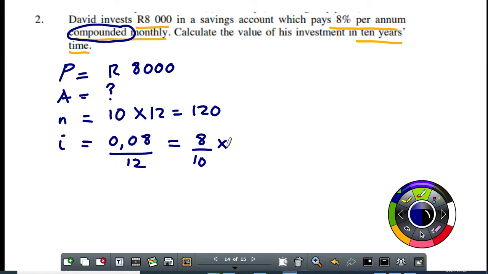Alright, let's do it this way. Remember, it's 8% per annum, but how many times is the interest going to be calculated? It's going to be 120 times. So how else can you write this?